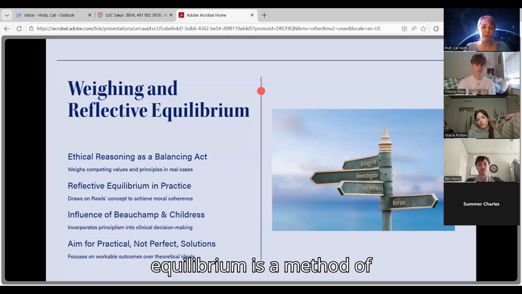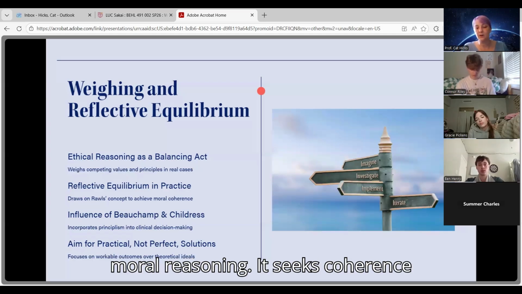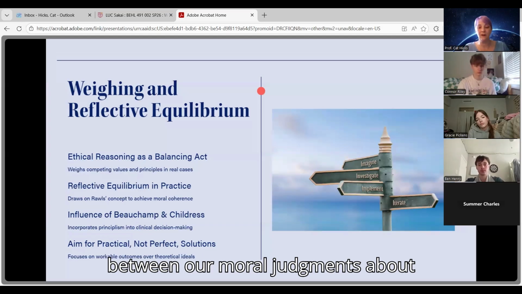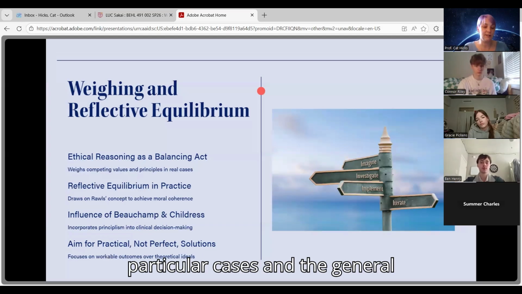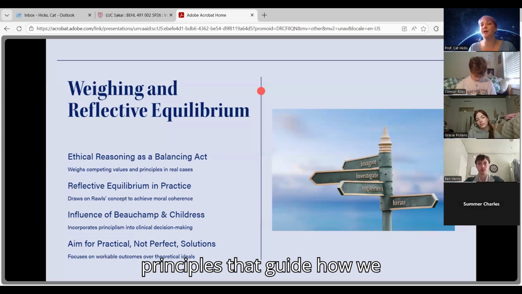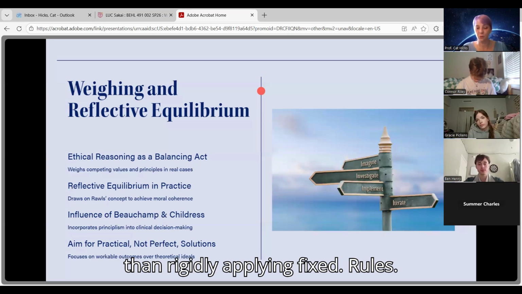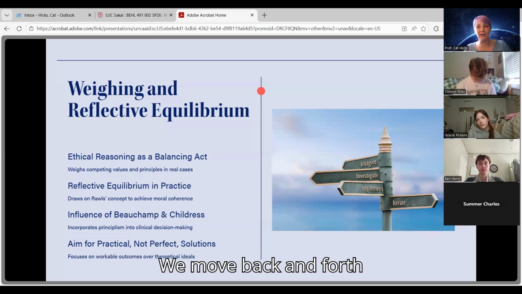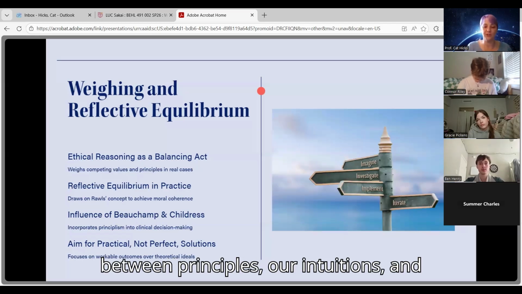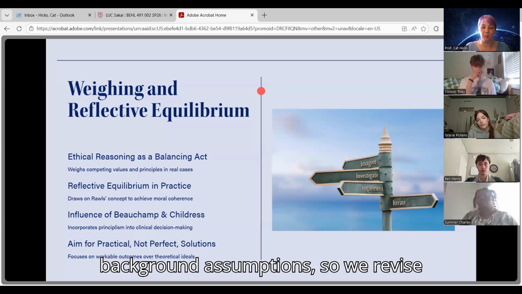It is still one of the most broadly read books on the topic of justice. And reflective equilibrium is a method of moral reasoning. It seeks coherence between our moral judgments about particular cases and the general principles that guide how we make those considerations. So rather than rigidly applying fixed rules, we move back and forth between principles, our intuitions, and background assumptions.